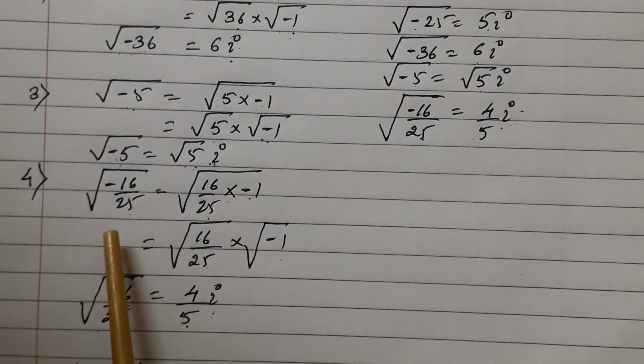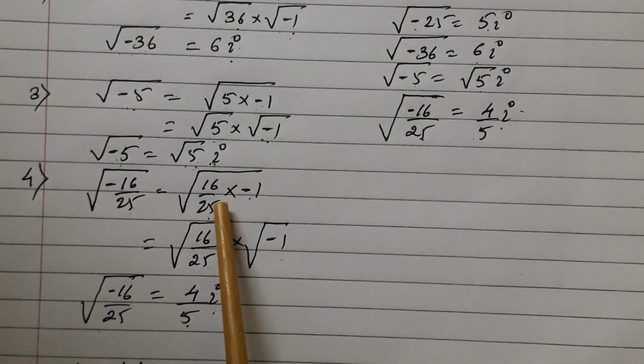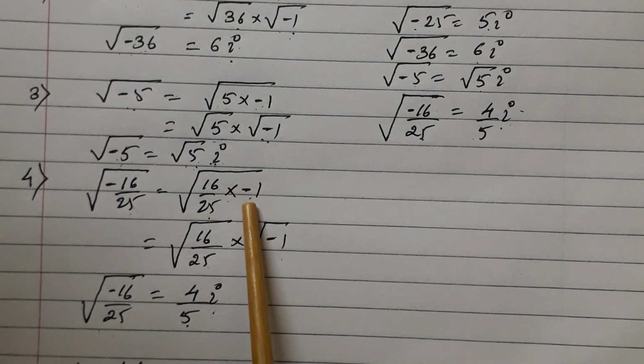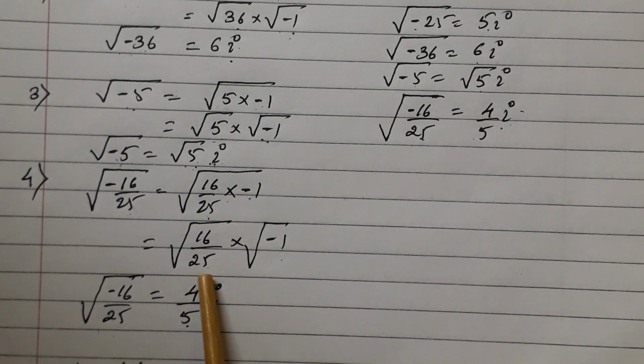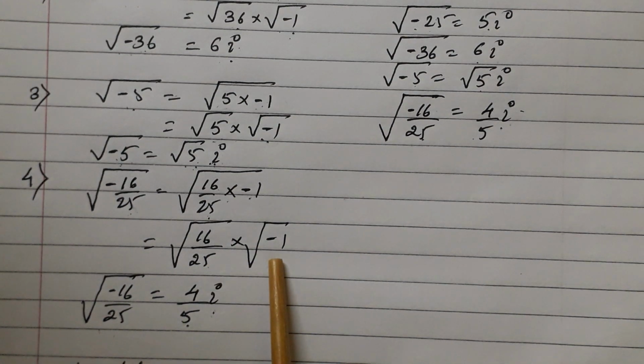Now the next example, square root of minus 16 over 25. We can write this as square root of 16 over 25 into minus 1, which is equal to square root of 16 over 25 into square root of minus 1.